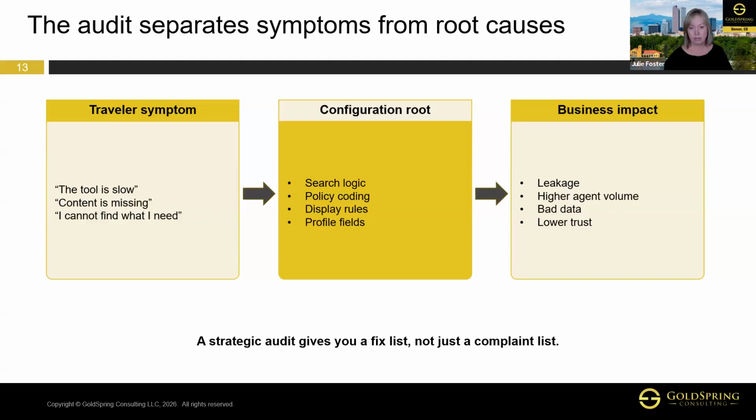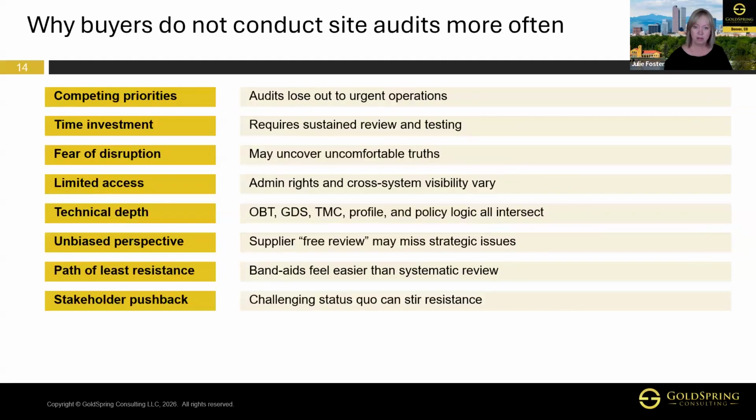Once we understand the value of identifying these root causes, the question then becomes, why don't more organizations conduct comprehensive OBT audits? We found several practical barriers often prevent an organization from taking that next step. Buyers often avoid audits because they require time, administrative access, cross-functional participation, and a willingness to challenge some long-standing decisions.